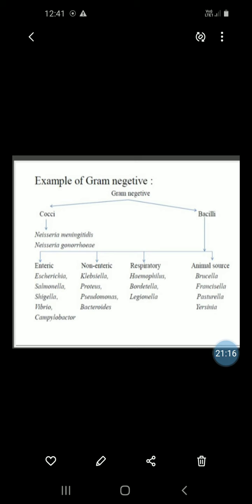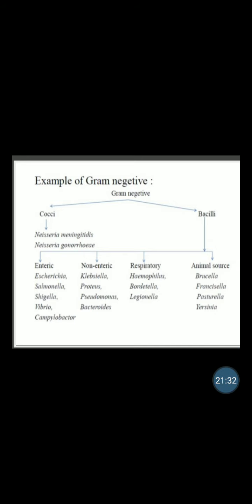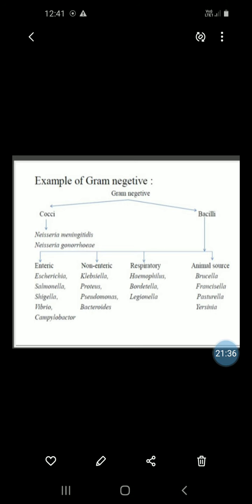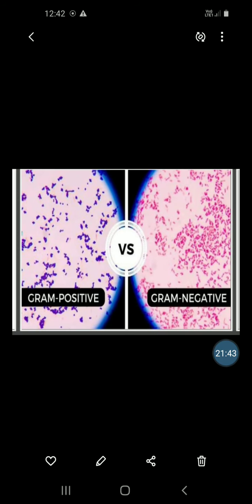Then non-enteric, it is Klebsiella, Proteus, Pseudomonas and Bacteroides. Then respiratory: Haemophilus, Bordetella and Legionella. Then animal source: Brucella, Francisella, Pasteurella and Yersinia.